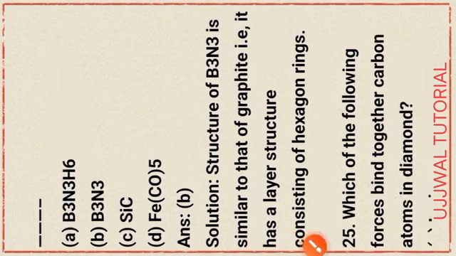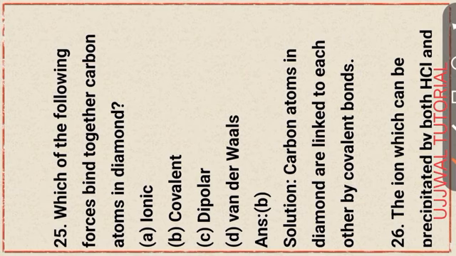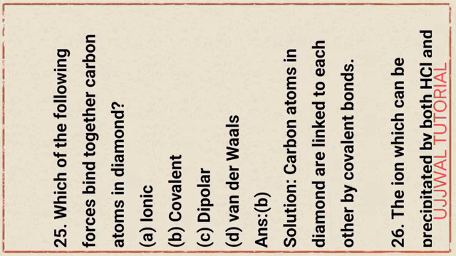Clear? Next question, question number 25. Which of the following forces bind together carbon atoms in diamond? Option B, covalent. The carbon atoms in diamond are linked to each other by covalent bonds.